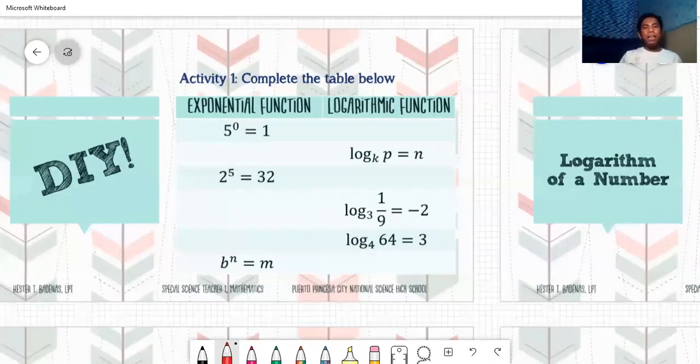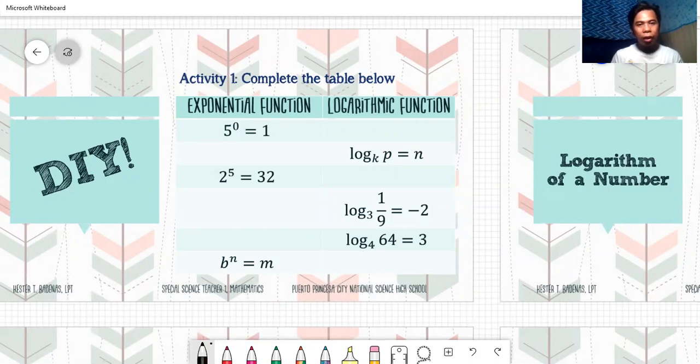Okay, so complete the table below. We have here exponential functions and logarithmic functions. So all we have to do is to write the logarithmic form if given the exponential. And if the logarithmic form is given, of course, we will write the exponential. Okay, let's have this example.